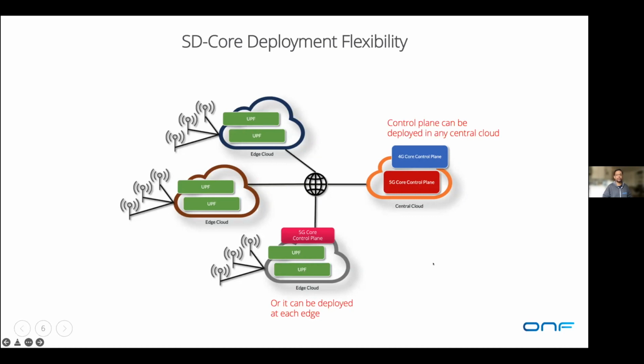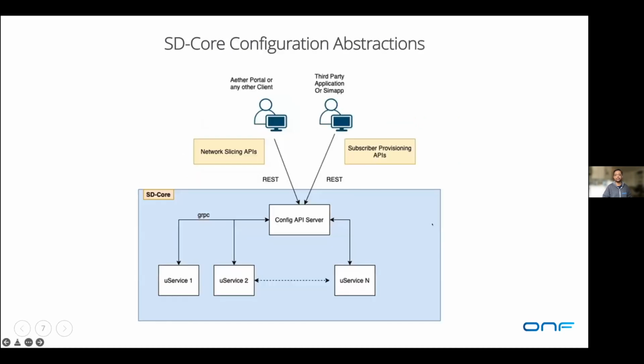Okay, so what makes all of this possible is something very unique to the SD core project: we have developed certain abstractions for the mobile core network. And these abstractions allow us to present a common set of configuration APIs for both the 4G and 5G cores. That's really powerful because when you have 10, 20 microservices running as part of your 4G and 5G core, and you have to individually go and configure each microservice or make changes to the configuration at runtime, it's a painful exercise.